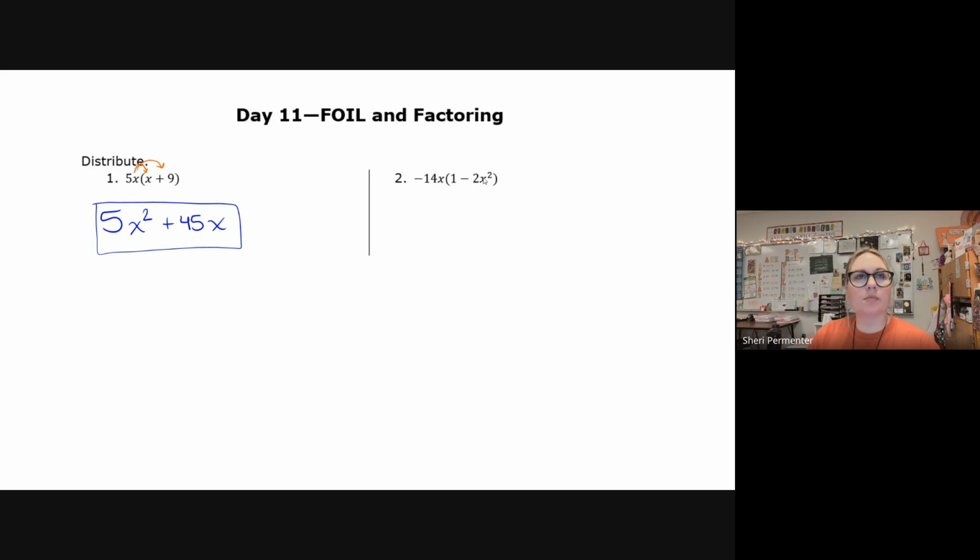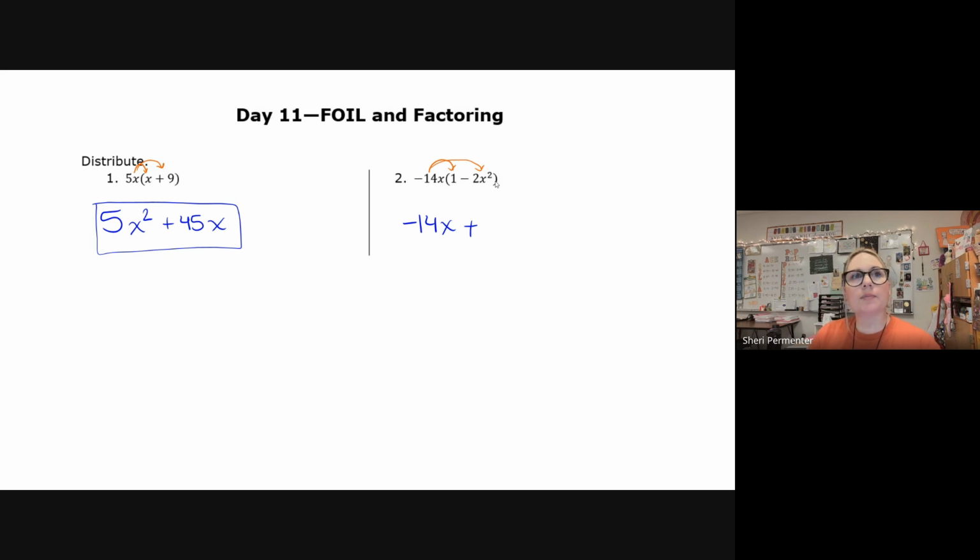Let's do the next one. It's going to be same process. We're going to distribute in the negative 14x to both terms inside the parentheses. So we get negative 14x times 1. Anything times 1 is itself. So we get negative 14x. And then we're going to multiply negative times a negative, which will become positive.